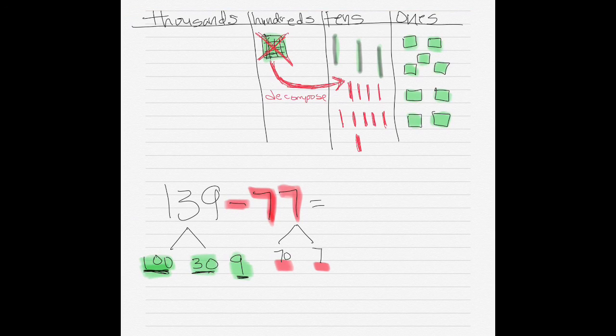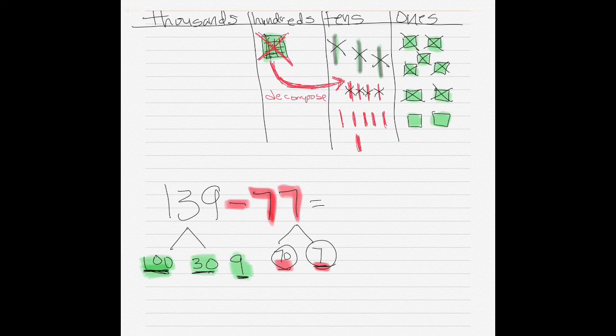I will take away 10, 20, 30, 40, 50, 60, 70. I now have 6 tens. Now I will take away the 7 ones. 1, 2, 3, 4, 5, 6, 7.